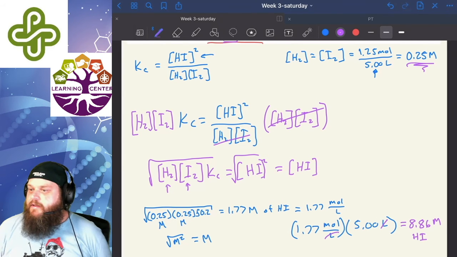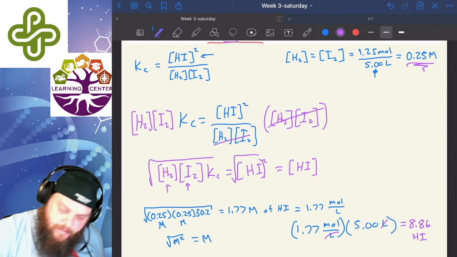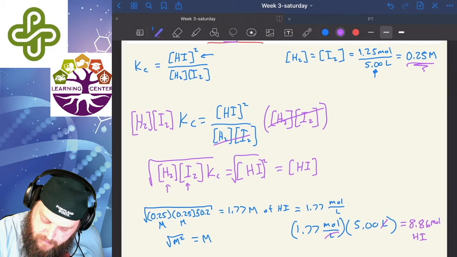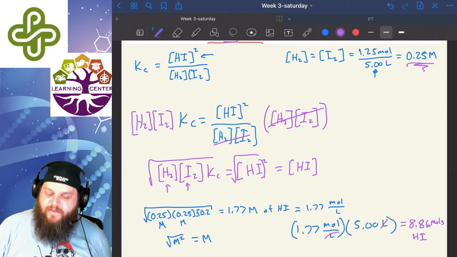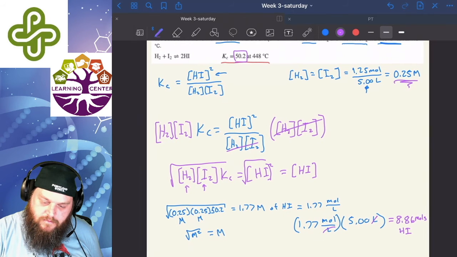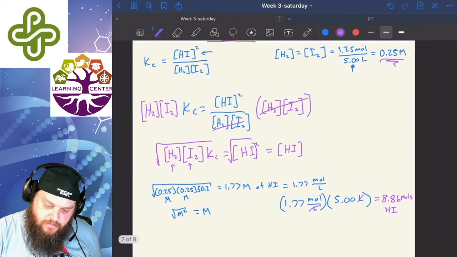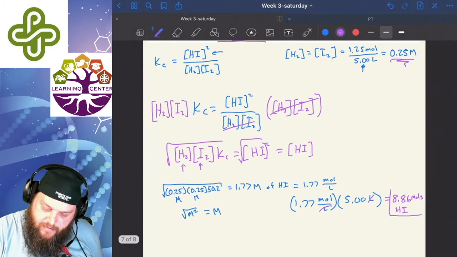So that's how we can determine the, that shouldn't be molar, this should be moles. Moles of HI. And that is what they're asking for.